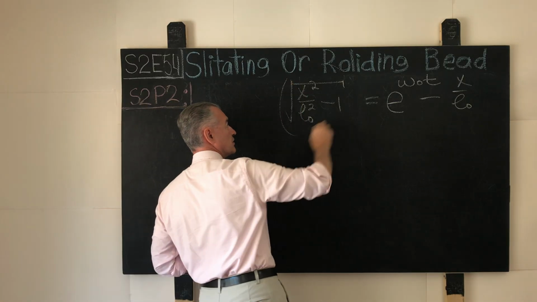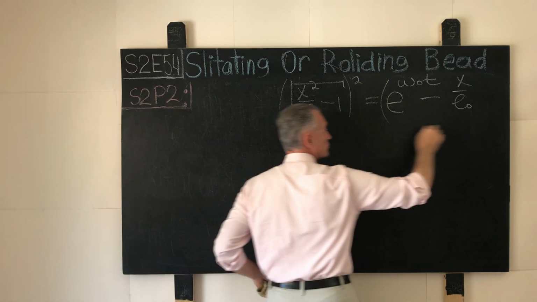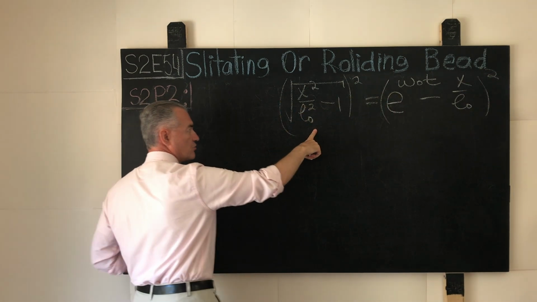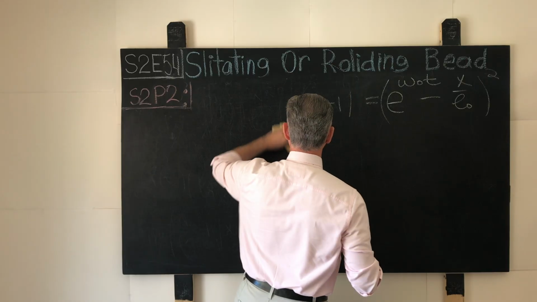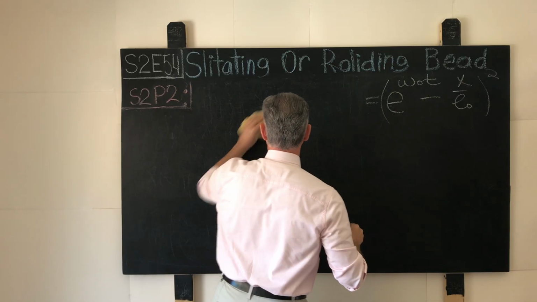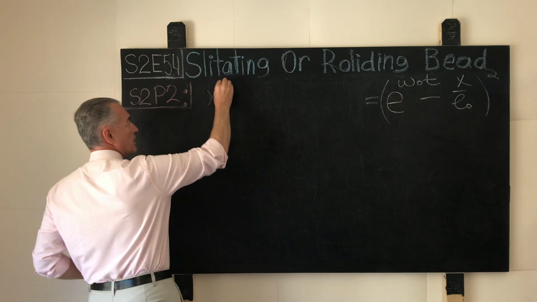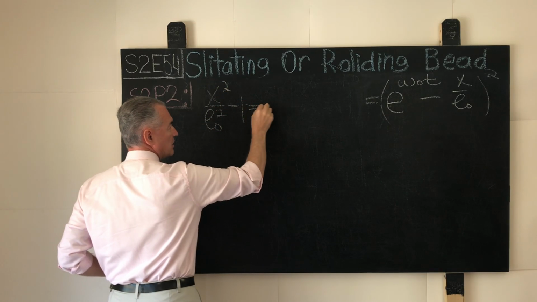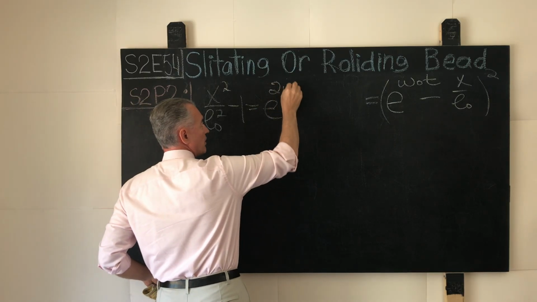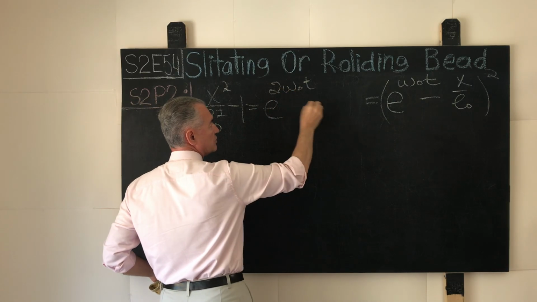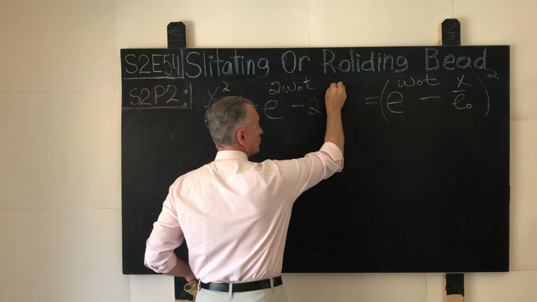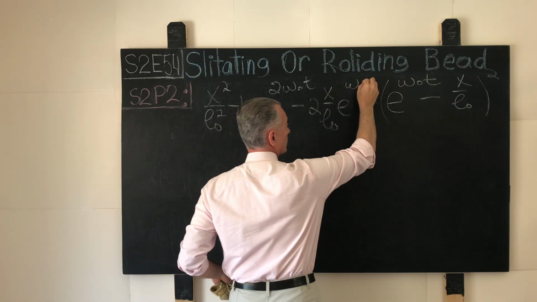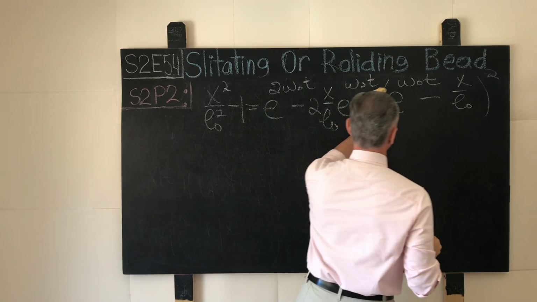What is the next maneuver? Square both sides. Square the left-hand side, square the right-hand side of the equal sign. What will we have here on the left-hand side? Well, the square will simply annihilate the square root sign. We will have x squared over L0 squared minus 1 equal to e to the power twice omega 0t minus 2x over L0 e to the power omega 0t plus what?